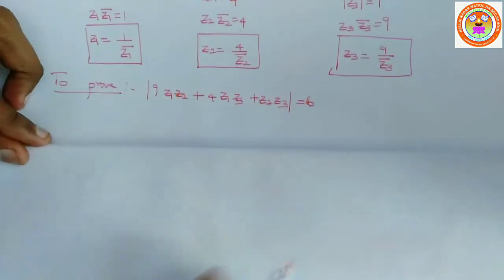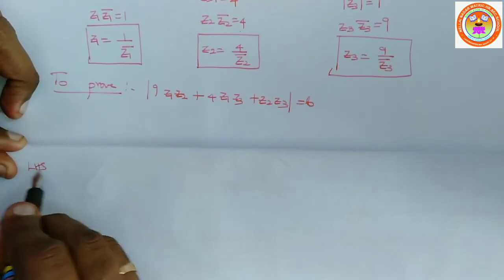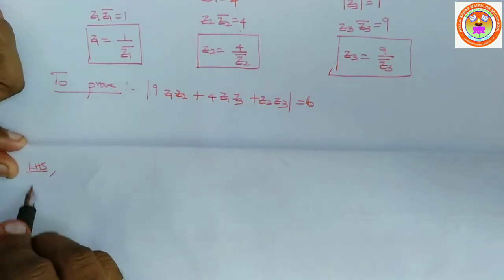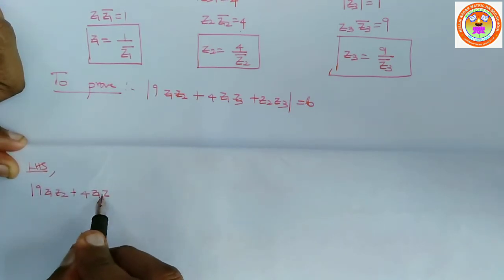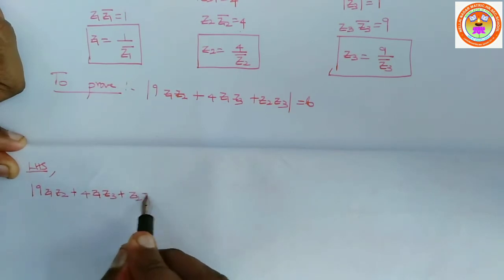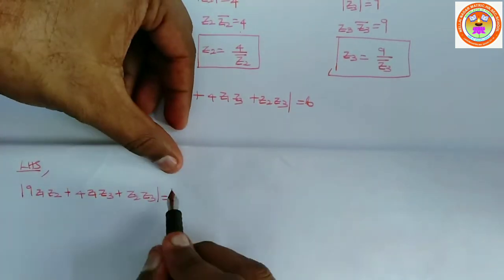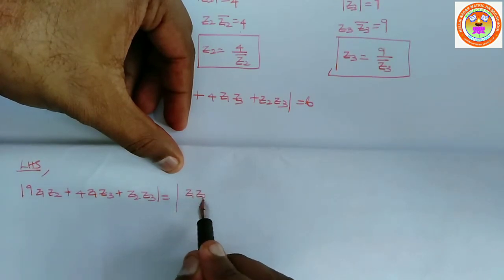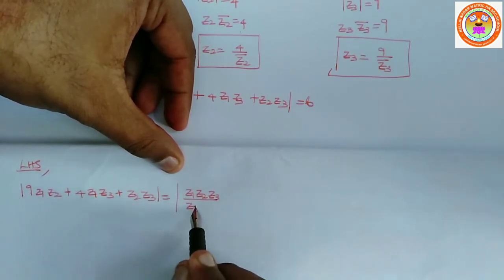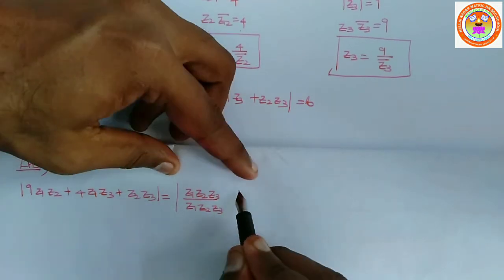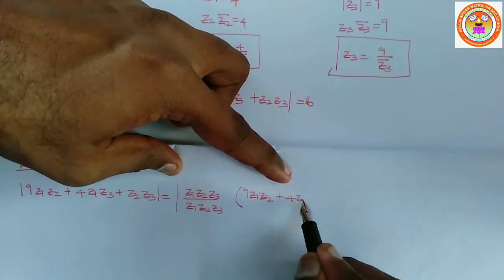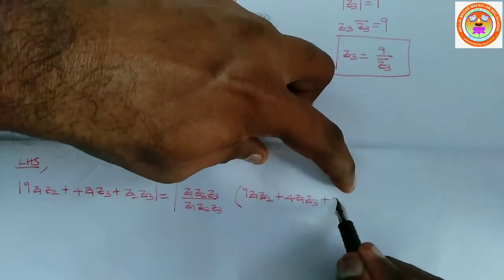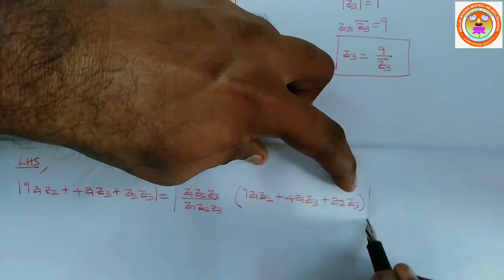I am going to take LHS alone. So, what is LHS? Modulus of 9 Z1 Z2 plus 4 Z1 Z3 plus Z2 Z3 is equal to modulus of Z1 Z2 Z3 divided by Z1 Z2 Z3, open the bracket, 9 Z1 Z2 plus 4 Z1 Z3 plus Z2 Z3, close the modulus.